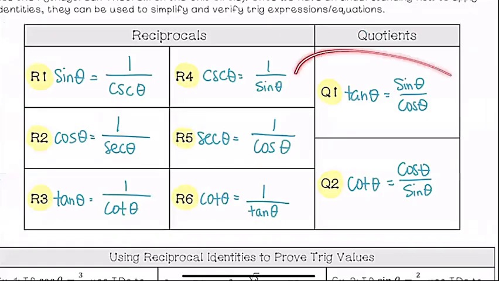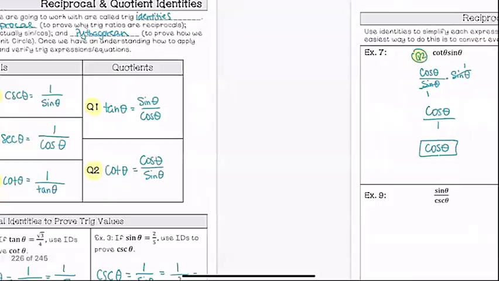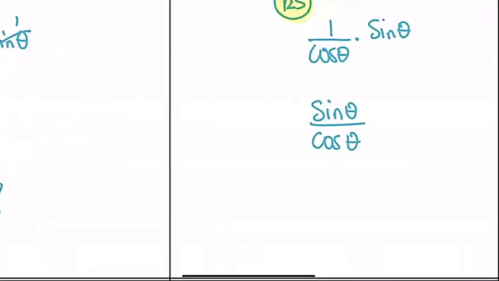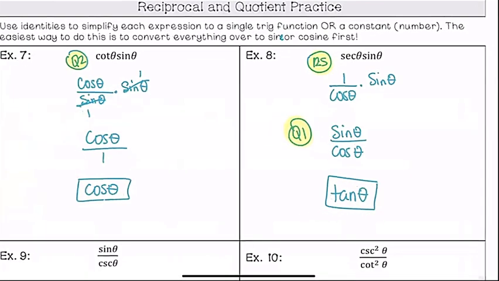And if I look, it's right here. This has sine over cosine, and that's the same thing as saying tangent per Q1. So Q1, and this is actually equal to tangent. And there we go.